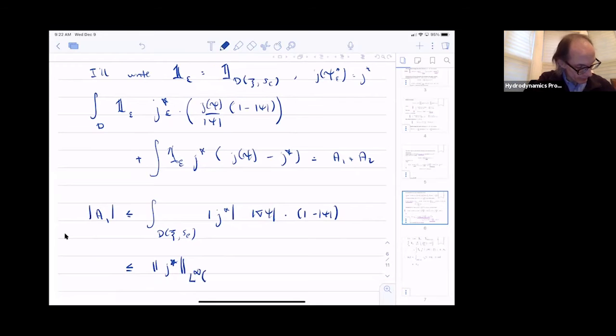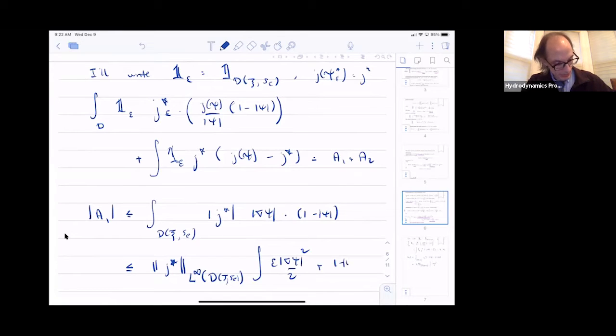L infinity, if I say away from the vortices. And then I can multiply this by, say, grad psi squared over 2 with epsilon, and 1 minus psi squared over 2 epsilon. If I want to, I can multiply this by 1 plus psi.